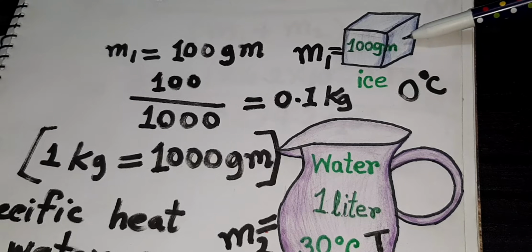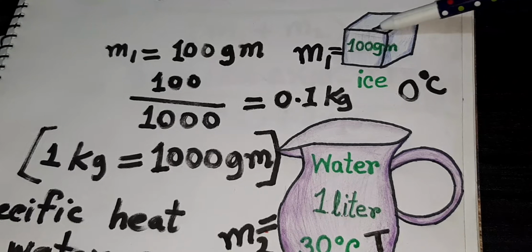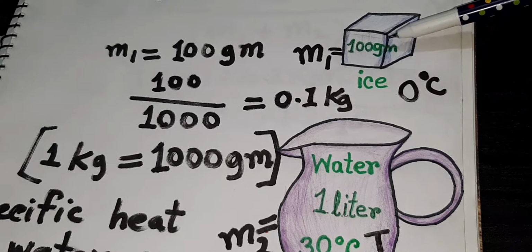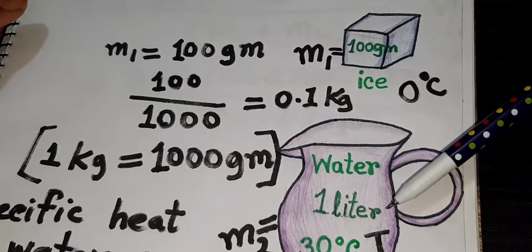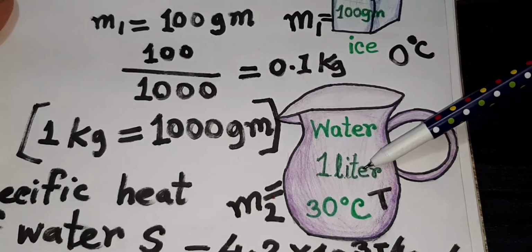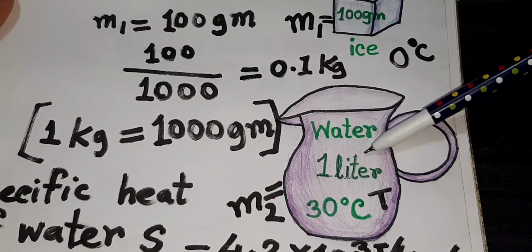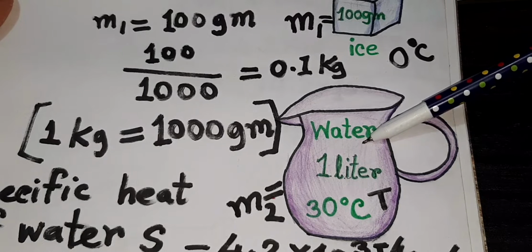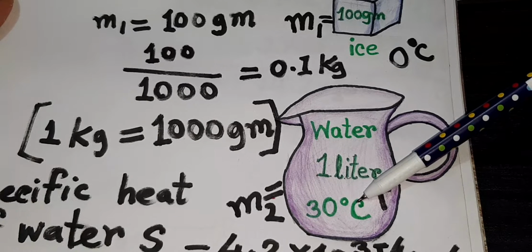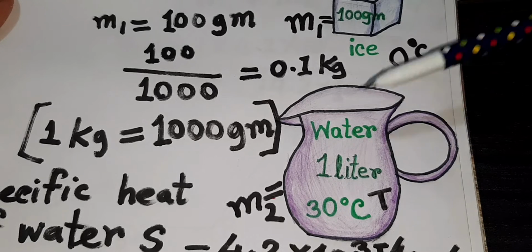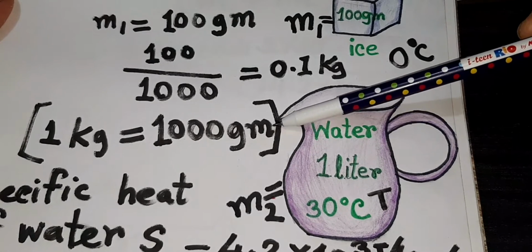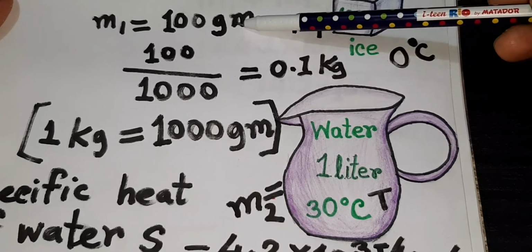So guys, here is the ice, the piece of ice mass is 100 gram, and the water here is 1 liter. We can also say 1 kilogram, since 1 liter means 1 kilogram of water, at a temperature of 30 degrees Celsius. We know that 1 kilogram equals 1000 gram, so we change it.